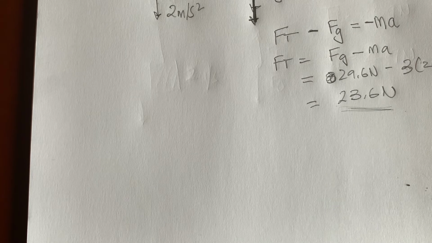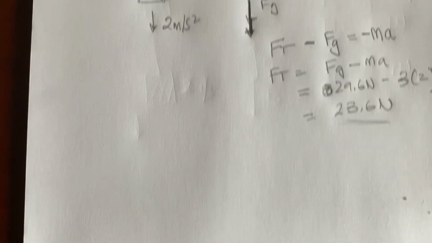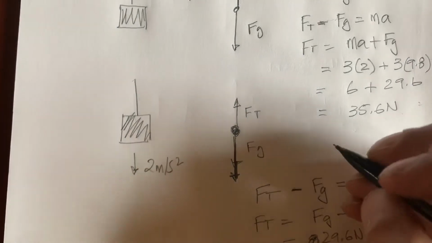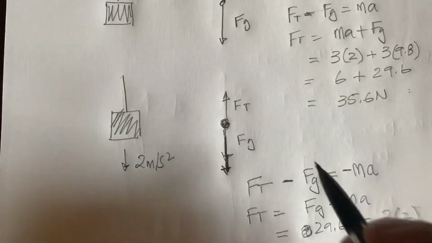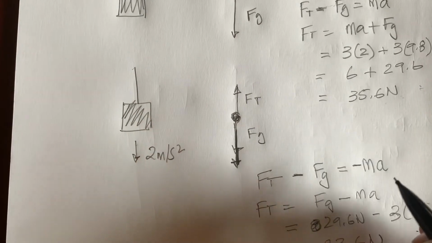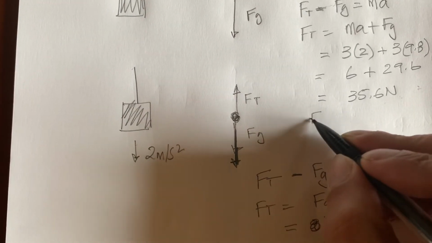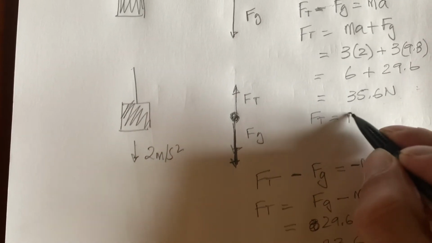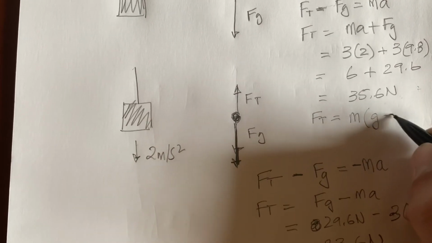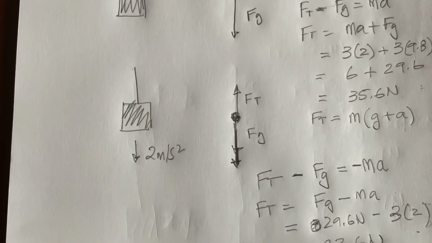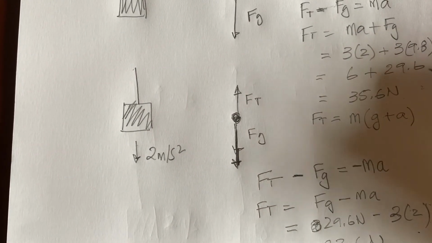And so if you really wanted to look at it upwards, you would see that when you are accelerating it upwards, you could literally write down that the force of tension would be m times g plus a, which is what we did up here.